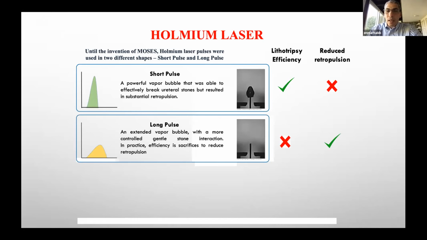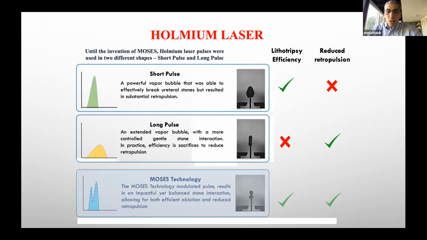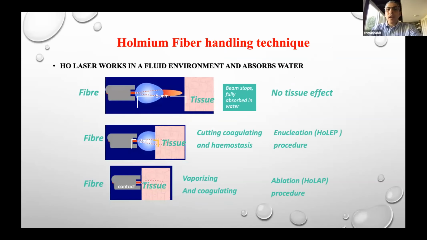It delivers powerful energy to the stone but results in high retropulsion. Then we have the long pulse, which has less retropulsion but affects the efficiency of the laser. The modulated pulse is the newest Moses technology. It gives two pulses, one to stabilize the stone and another that fragments the stone.